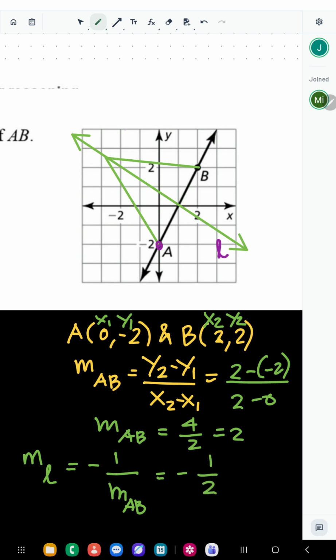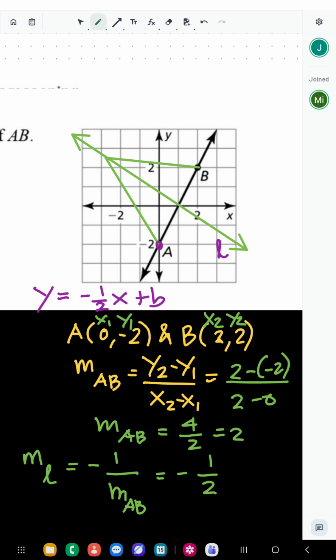That is the slope of line L. Therefore, the equation of line L is y equals negative 1/2 x plus b. So what is the y-intercept here? To find the y-intercept b, you need to find, are you still there?